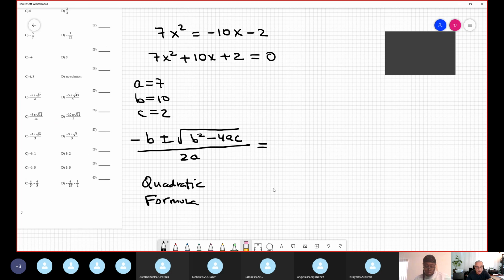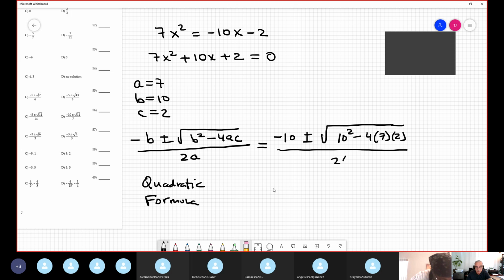Negative 10 plus or minus the square root of 10 squared minus 4 multiplied by 7 multiplied by 2, divided by 2 times 7.